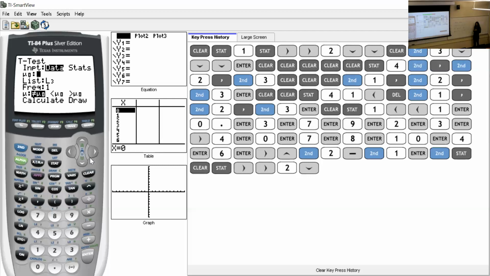I just wanted it to be bigger than 0, so mu sub 0 or mu naught is 0. List 3, down. Which one should I select? Greater than. Always look at the alternatives. It froze. Okay. If you select the third option and hit calculate, you can tell me the answers.